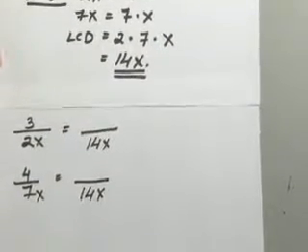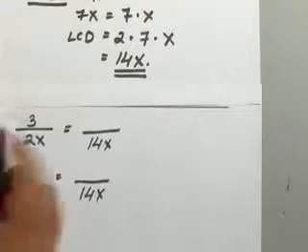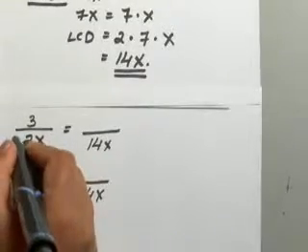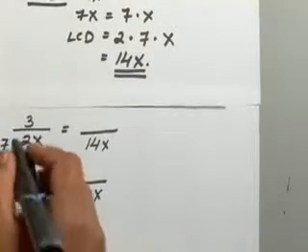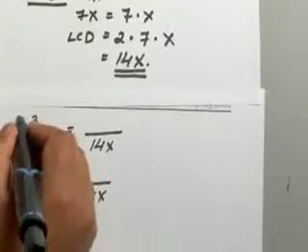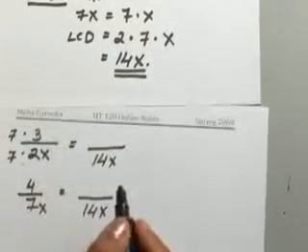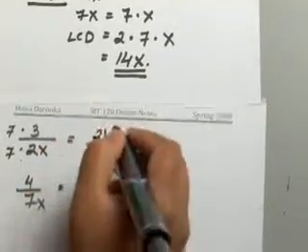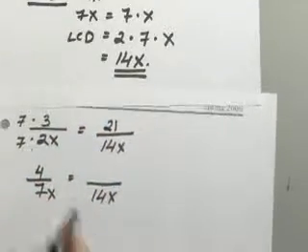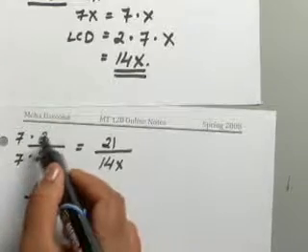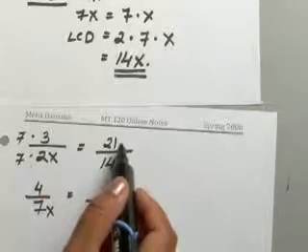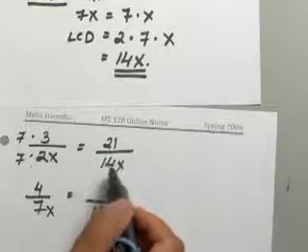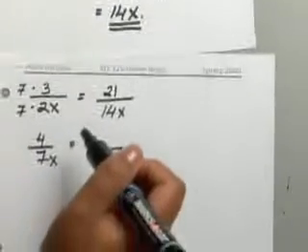Okay, so if I take 2x and multiply 2 into 7, that will give me 14x. So I need to multiply my numerator also by that same number, and 7 times 3 will give you 21. Okay, so now you can see that we have taken 3 over 2x and converted that into 21 over 14x, which is its equivalent form.